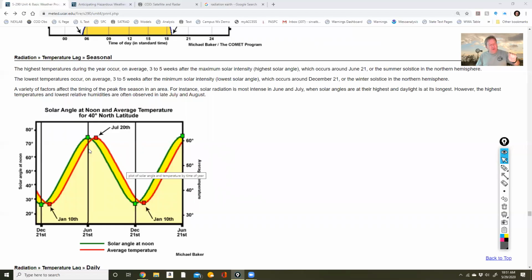Because between June 21st and the middle of July, I still have, on average, more radiation coming in than going out. And my temperatures still go up. Once I get to mid-July, now on average, I'm going to give off more radiation than I'm going to get back from the sun, and the temperatures start to slowly go down. So that's my seasonal variation.